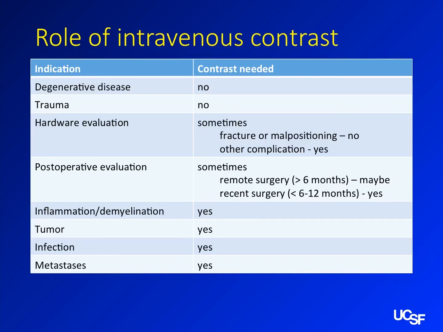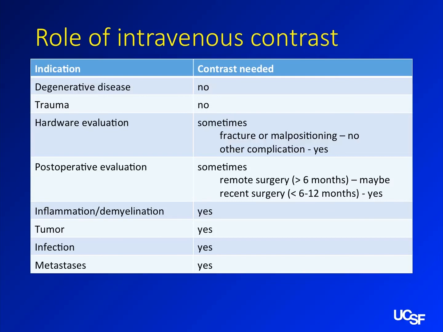The times that you might do it is, like I said, if the person is not going to be able to get an MR and you're looking for abscess or some complication of surgery or something like that. For hardware, many times they just want to see where it is. If it's malpositioned, if it's broken, if it's loose, then you don't need contrast.